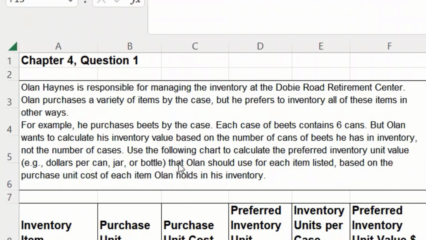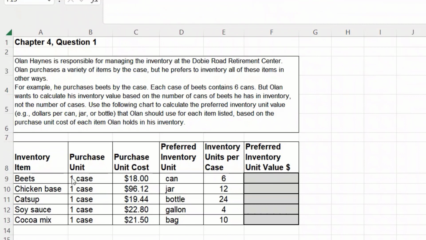Dollars per can, jar, or bottle that Olin should use for each item listed based on the purchase unit cost of each item Olin holds in his inventory. All right, so we see here beets. He gets a case of beets. Think about 6 cans saran wrapped together, and that's a case.